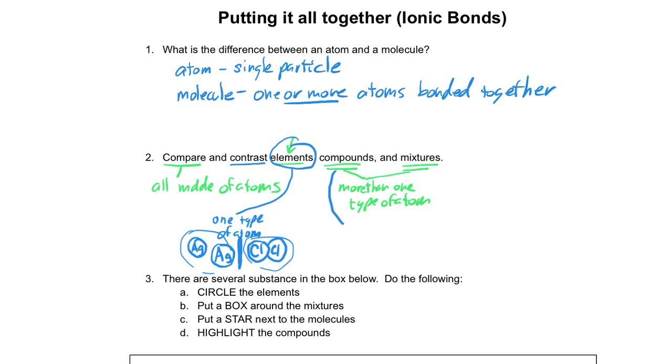A compound is when you bond two different types of atoms together. Two or more different types of atoms bonded together.